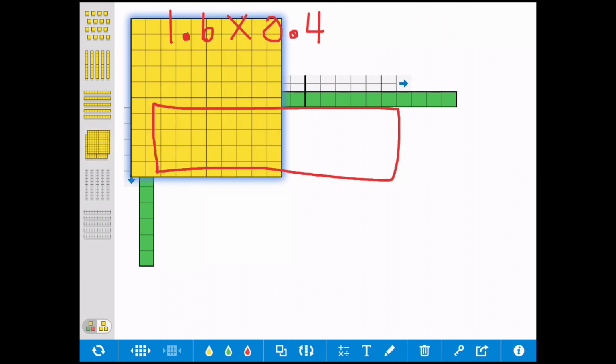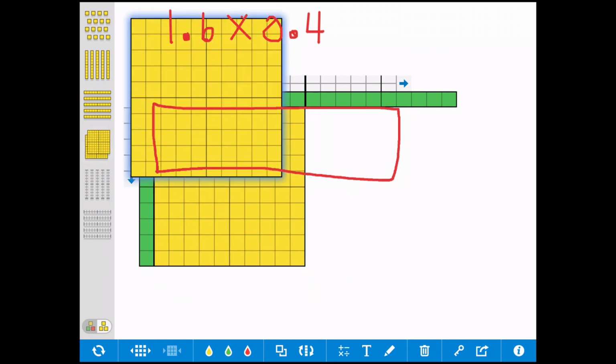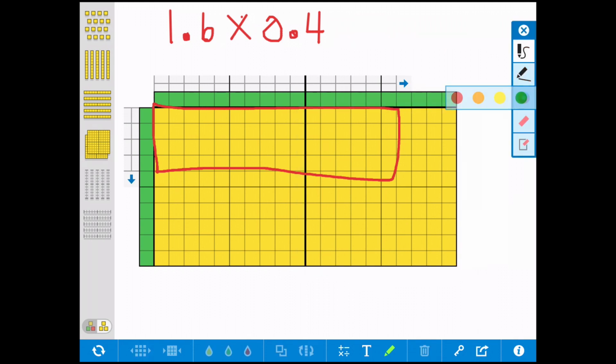So we're going to bring in a whole, and we know that equals one whole. And then we're going to bring in another one right here. All right. And so we can start to see that 1.6 across by 0.4 tall. If we were going to count all of our little pieces, and let's do a color, let's make it black.